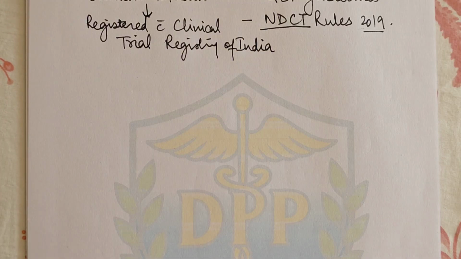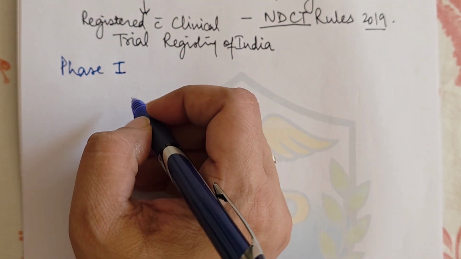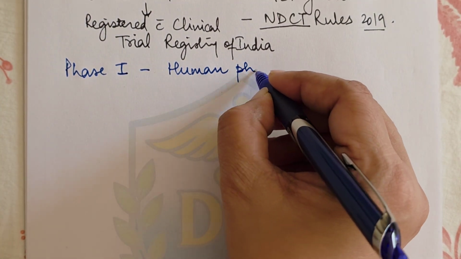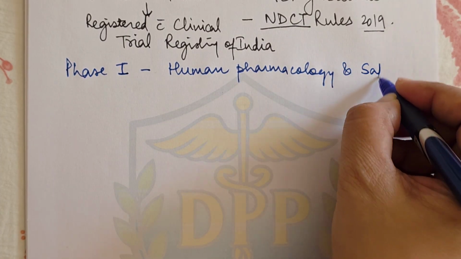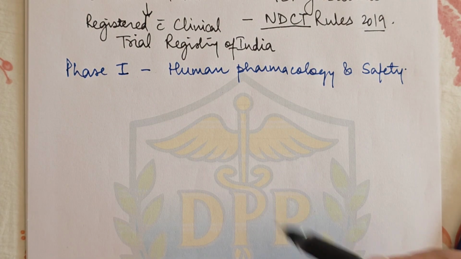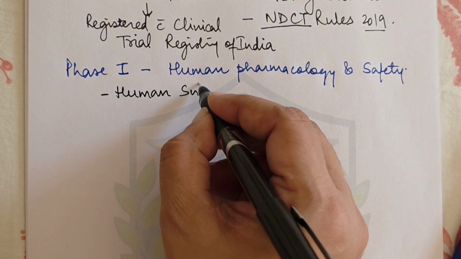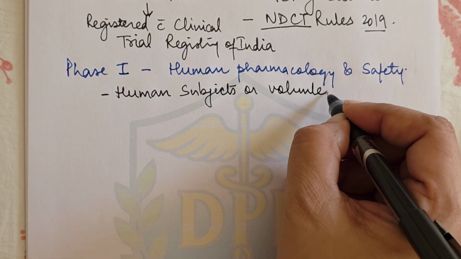And then we start with the clinical studies, that is phase 1. Phase 1 clinical study is basically called human pharmacology and safety study. This phase is basically done in human subjects or volunteers, right?